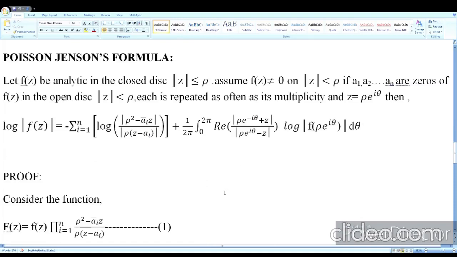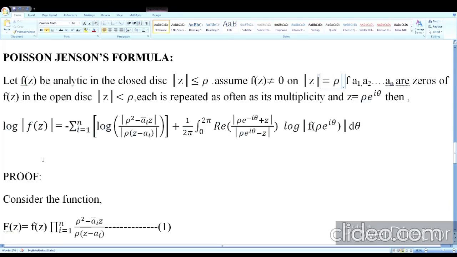Let f of z be analytic in the closed disk modulus of z less than or equal to rho. Assume f of z is not equal to 0 on the disk, and a1, a2, ..., an are zeros of f of z in the open disk, repeated as often as its multiplicity indicates, and z is rho into e power i theta.